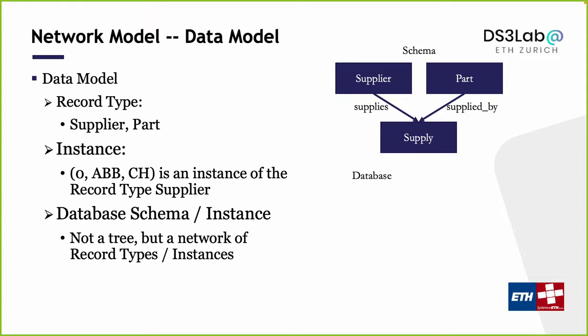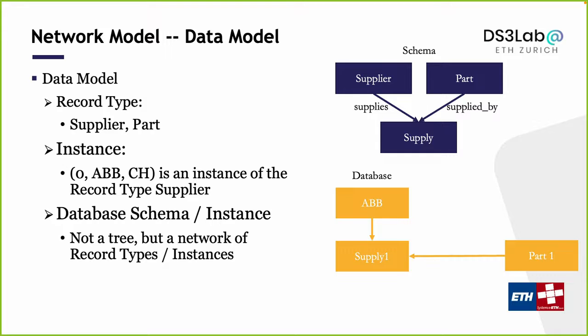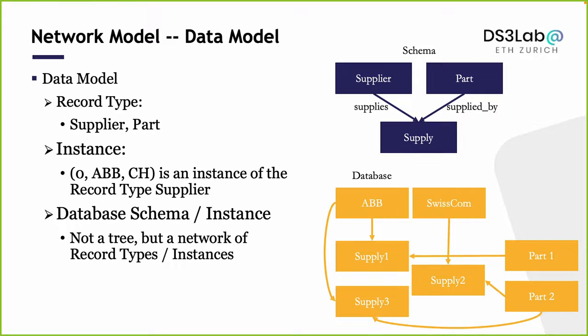When you have a database, you could say, yeah, I have one supplier, and then I have one part, and I have a supplies relation to have this supplier and part 1 linked to the same thing, as a network. And whenever I have different suppliers, different parts, I have this network.